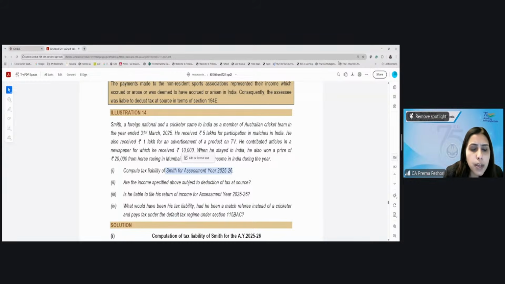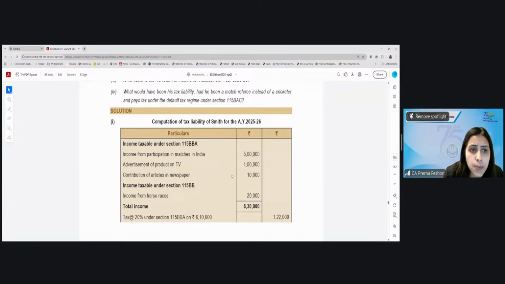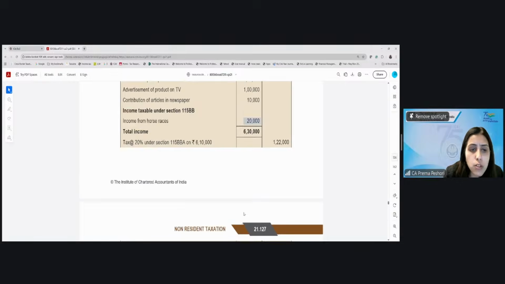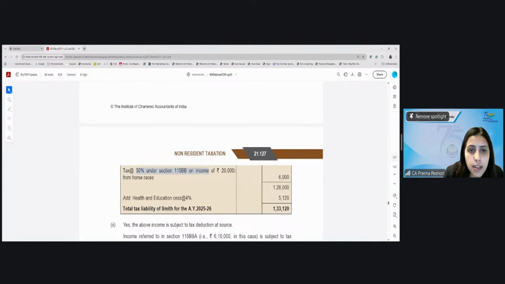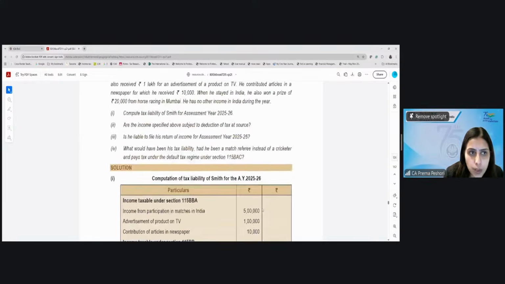So here it will be on the income from the participation in matches, advertisement and contribution of articles. This will be taxed at 6 lakh 10 at 20% under 115 BBA. Horse races 20,000 will be taxed at flat rate of 30% under 115 BB. And plus there will be cess, so the tax liability comes to 1 lakh 33,120.